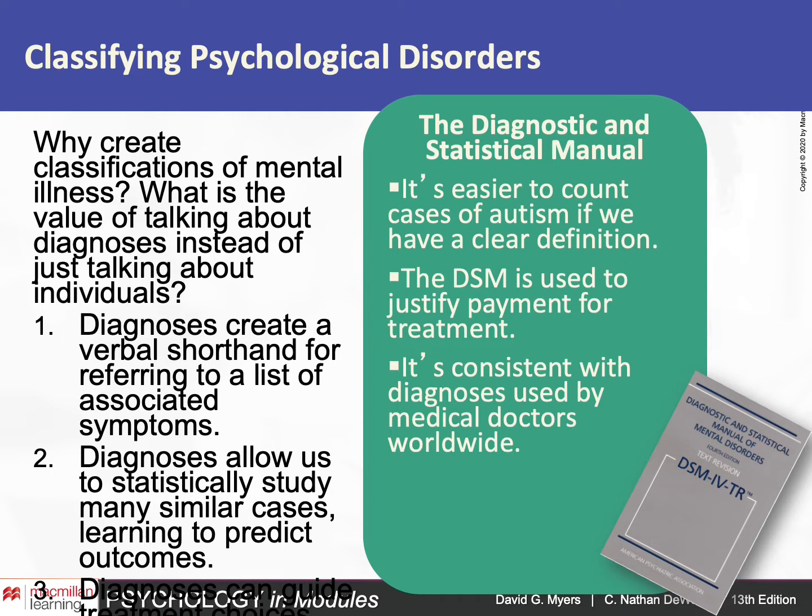So again, the benefit of having something like the DSM, or the Diagnostic and Statistical Manual, is it's easier to understand the incidence or frequency of things like autism if we have a clear definition of what autism is and the symptoms and patterns of behavior that are consistent in individuals with autism.